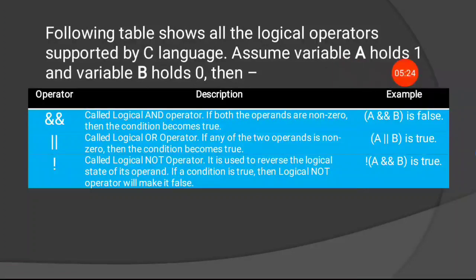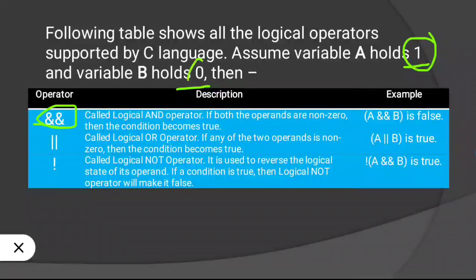See here some example are given. AND operator we use when all the condition will be satisfied, then only the AND operator will be satisfied. See here we have declared A equal to 1, B equal to 0. Then A and B means its output will be false because A is 1, B is 0. That is why output will be false.